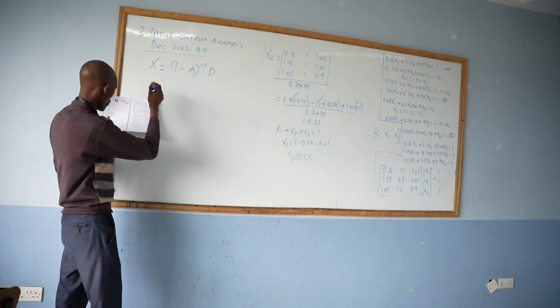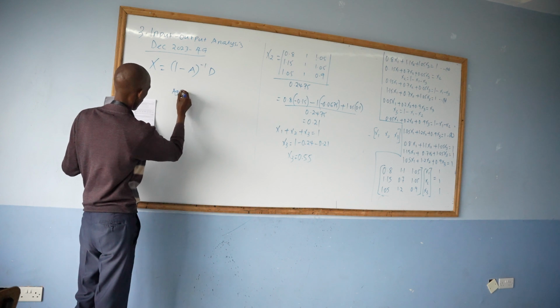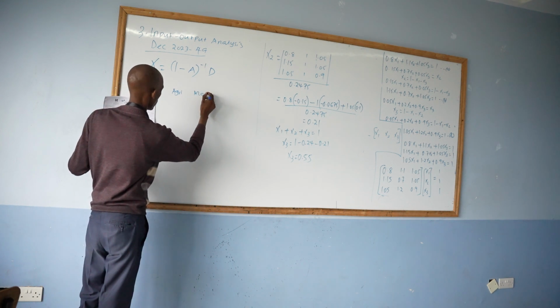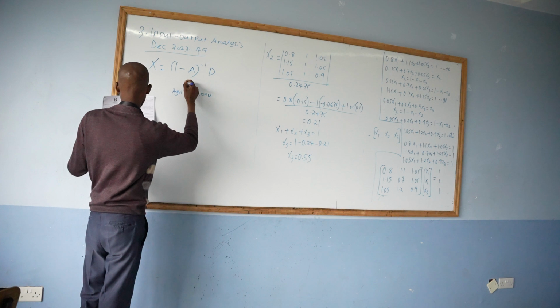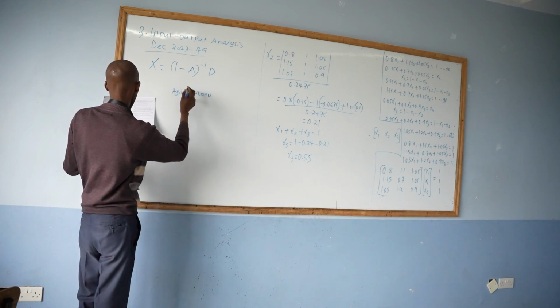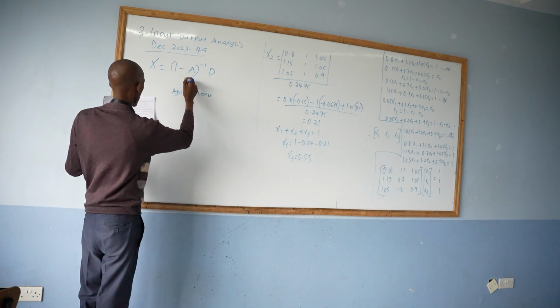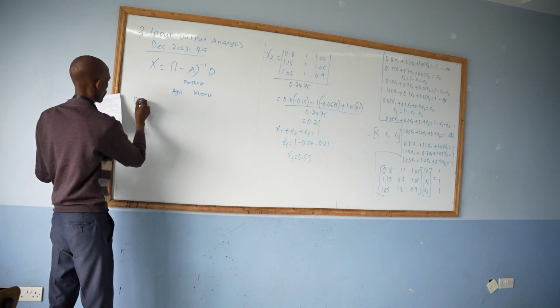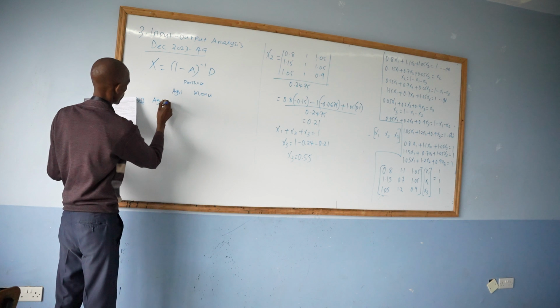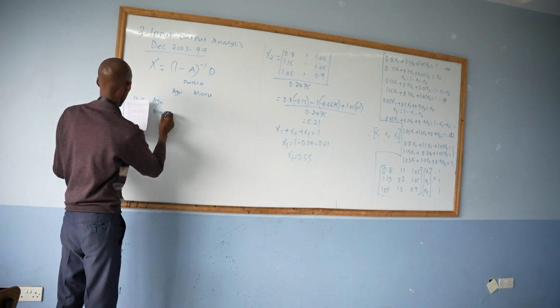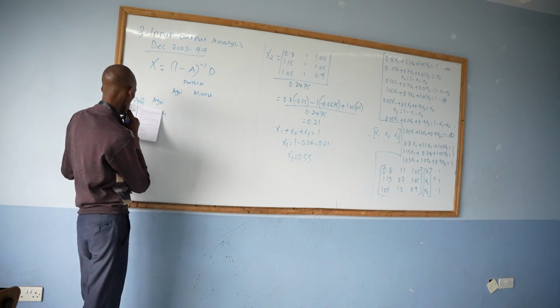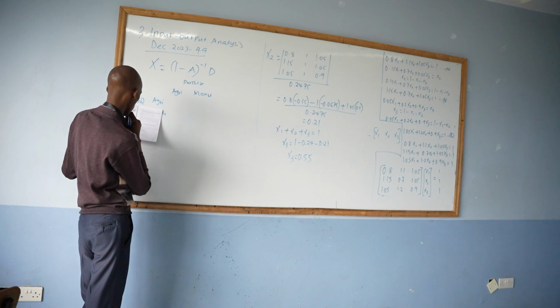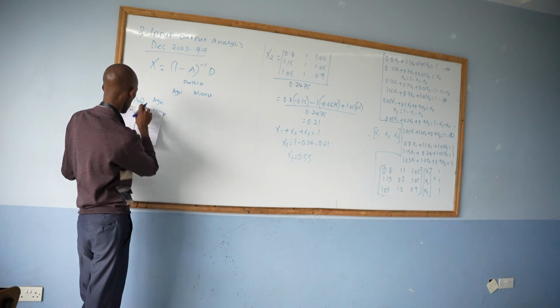Like in this question, we had agriculture, we had manufacturing, their production, then we had purchase. We are told an economy is based on 2 sectors.